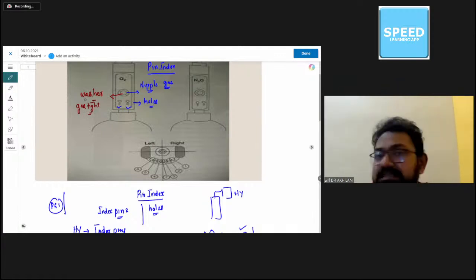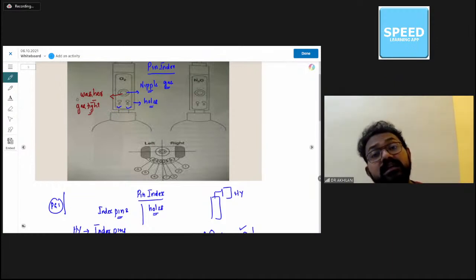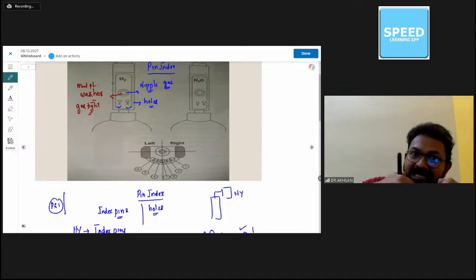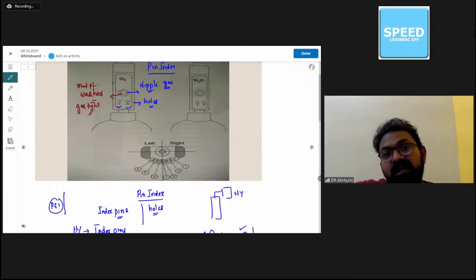Sometimes these cylinders are very old. If you look at any operation theater in any government hospital or most private hospitals, we use cylinders for a very long period of time. And sometimes the maintenance person might keep more than one washer on the nipple without knowing. If multiple washers are kept over the nipple, obviously there is going to be some relaxation, and some other pins can also go into certain other holes.